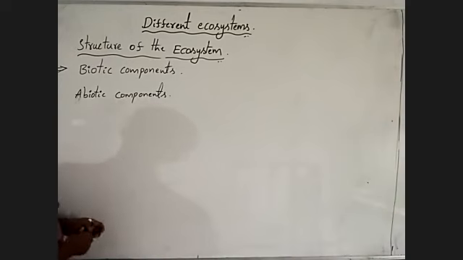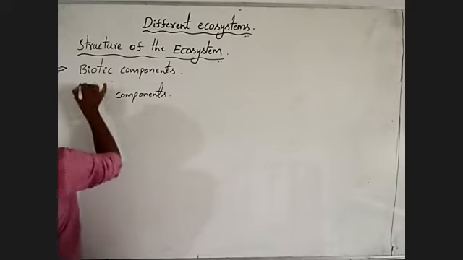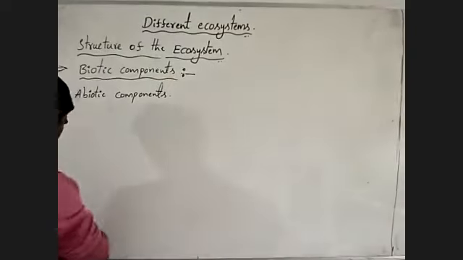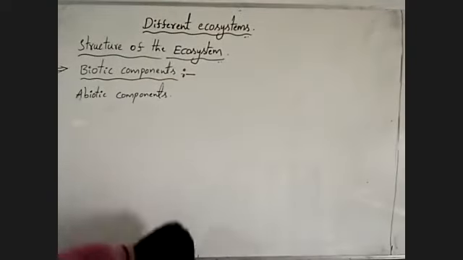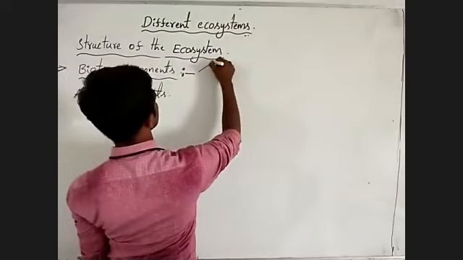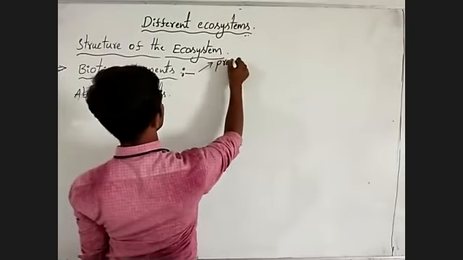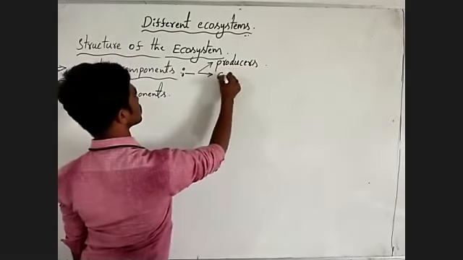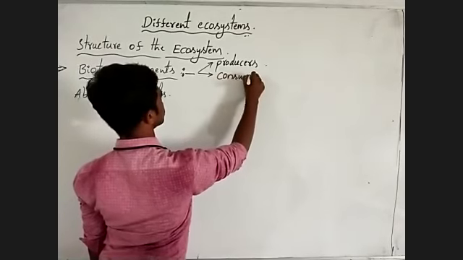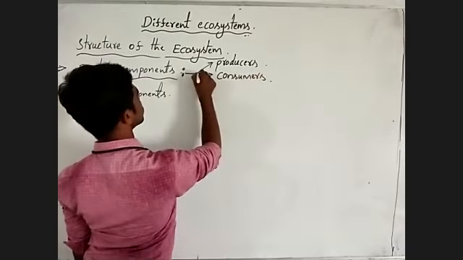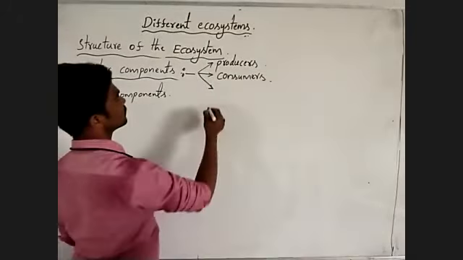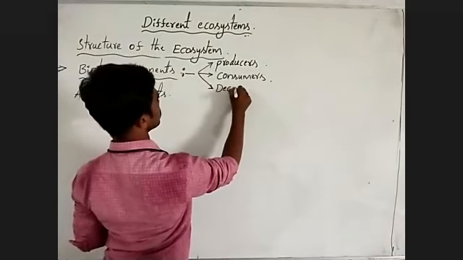Biotic components are again of different types. They are producers, consumers, decomposers.